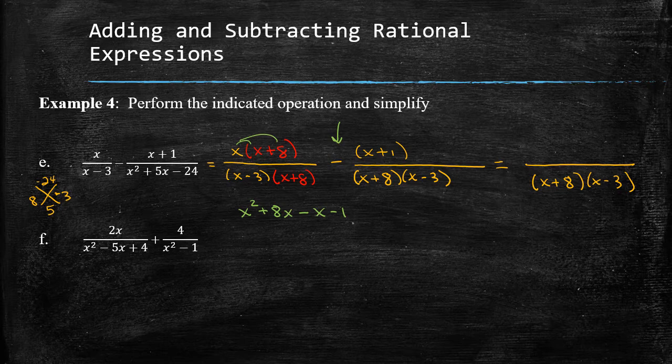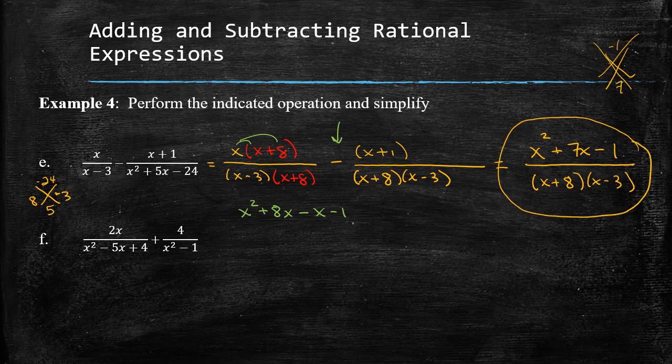I'm going to add my like terms together, so I'll have x squared plus 7x minus 1. That numerator is not factorable, right? I'm looking for two numbers that multiply to be a negative 1 and add to be 7, and nothing does that. Okay, so the numerator does not factor, which means that this answer is in lowest terms.